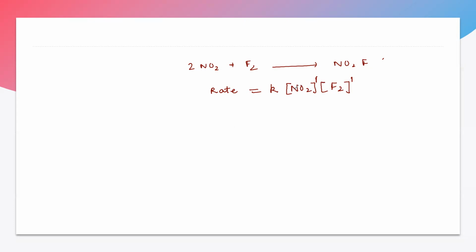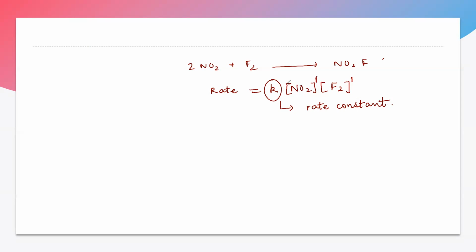So what is K? K is known as the rate constant, and it measures the rate of reaction. Okay, I hope this is clear. So what was the definition saying? Molar concentration of the reactants. So square bracket denotes the molar concentration.